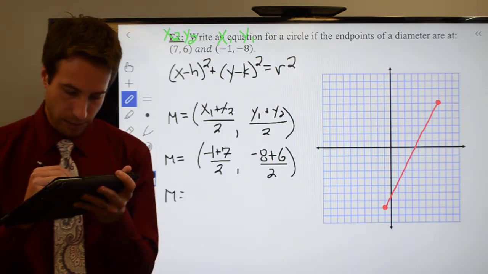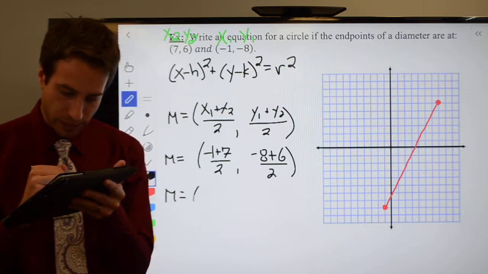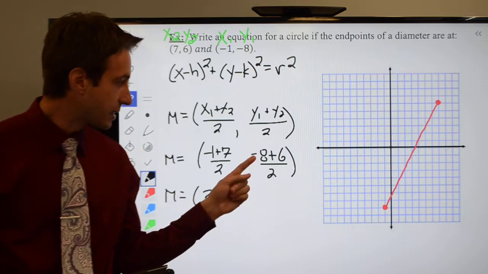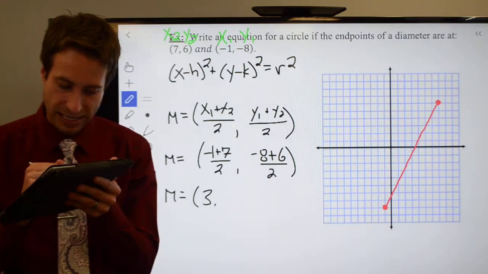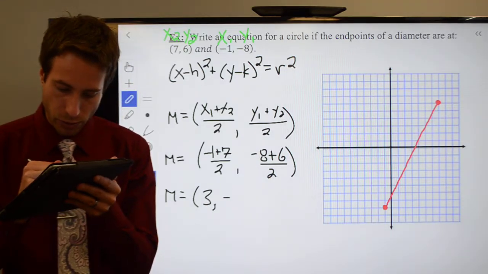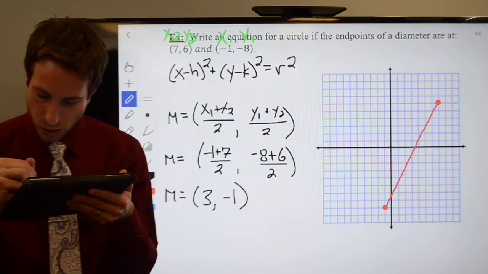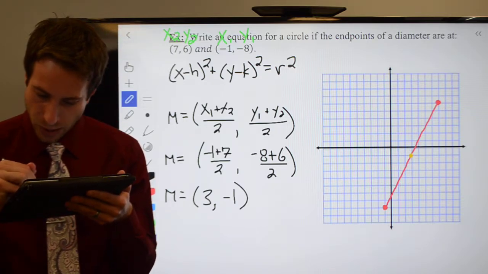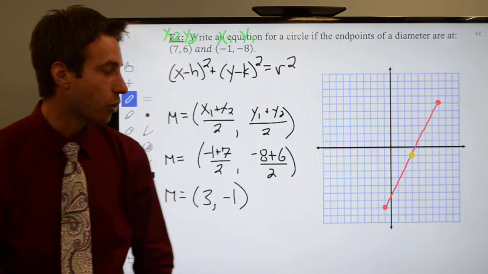That means 6 divided by 2, which is 3, and -2 over 2, which is just -1. So my midpoint is at 3, -1. Thing of beauty. There's the center of my circle right there.